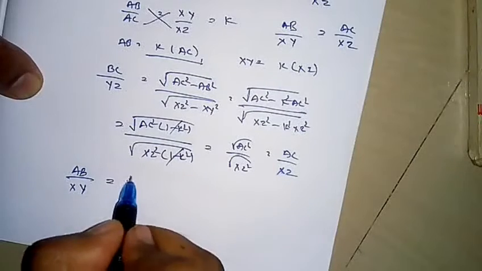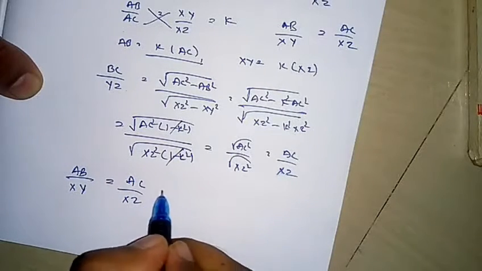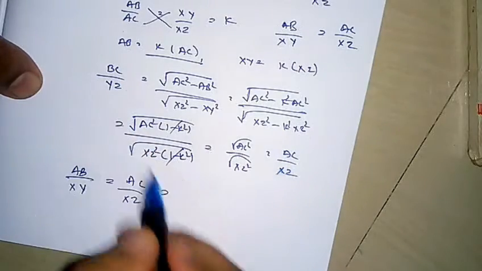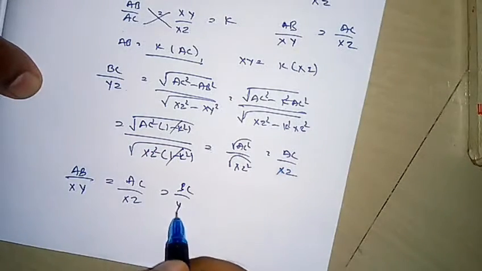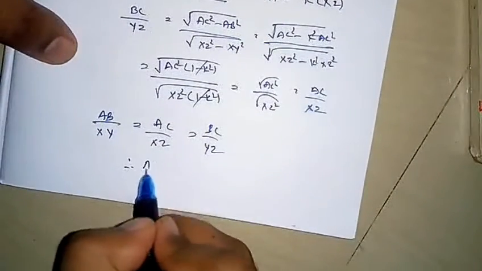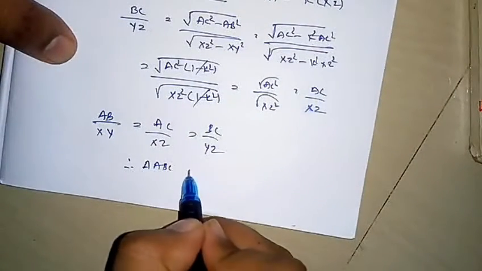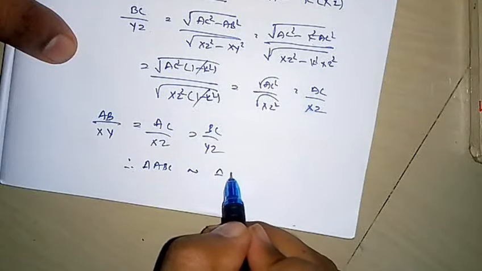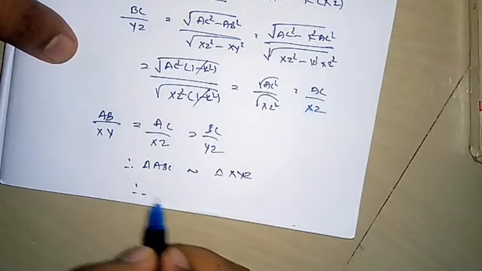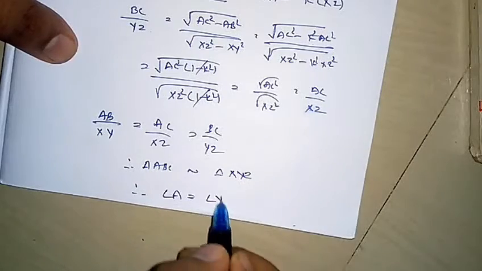So AB by XY is equal to AC by XZ, and you got AC by XZ is equal to BC by YZ. From these ratios you get triangle ABC is similar to triangle XYZ. Therefore, angle A is equal to angle X.